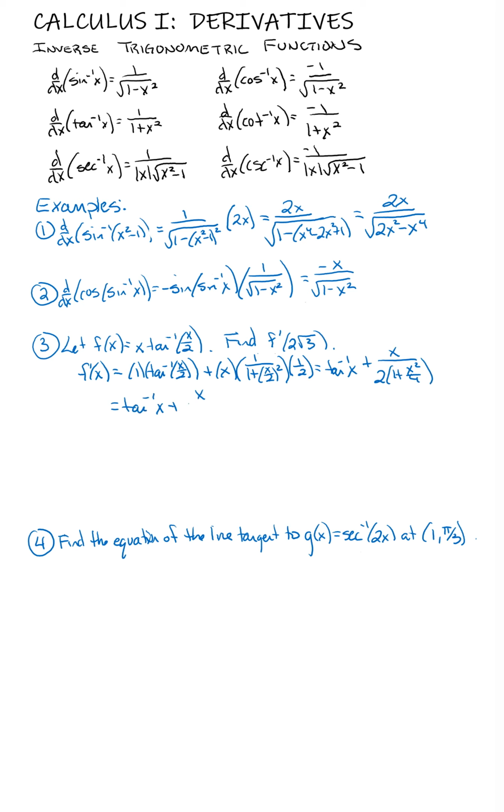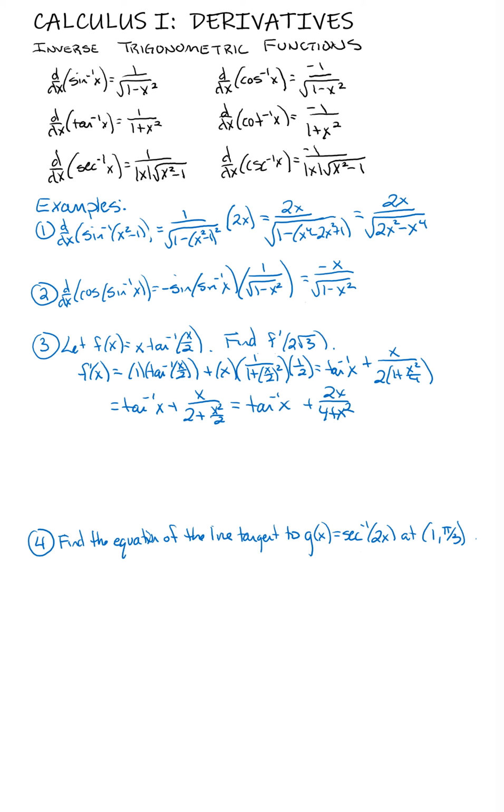So we have x over 2 plus x squared over 2. Now we don't want that complex fraction, so let's go ahead and clear that. We end up with the inverse tangent of x plus 2x over 4 plus x squared. Just take your time with clearing that complex fraction.